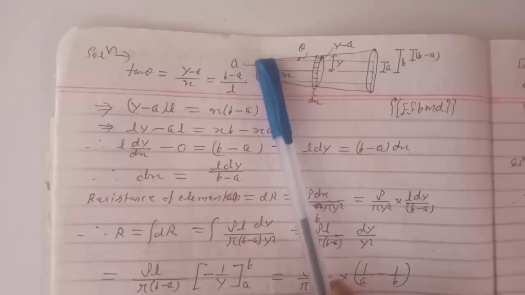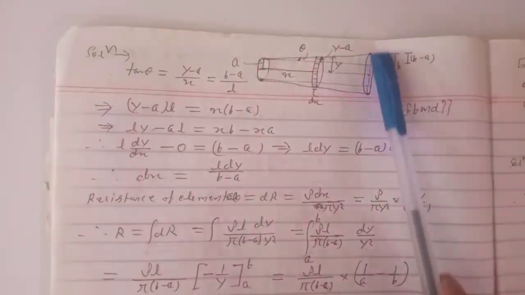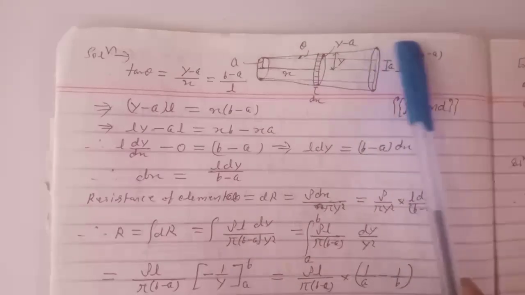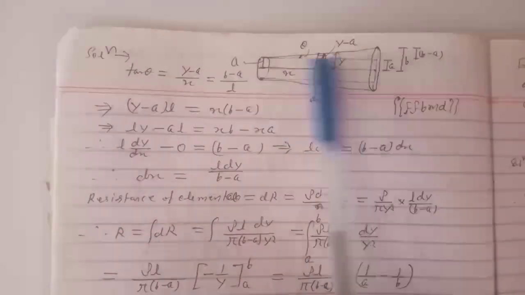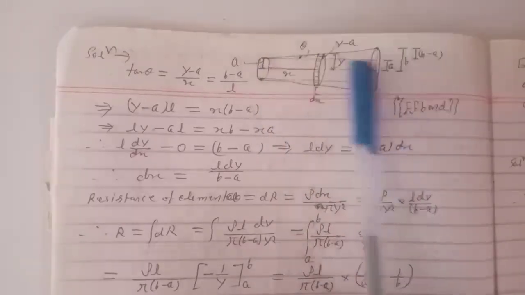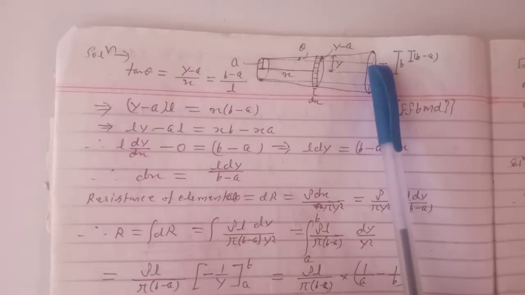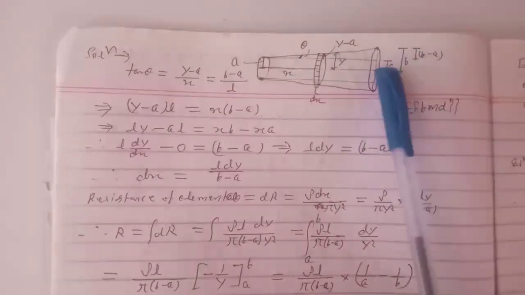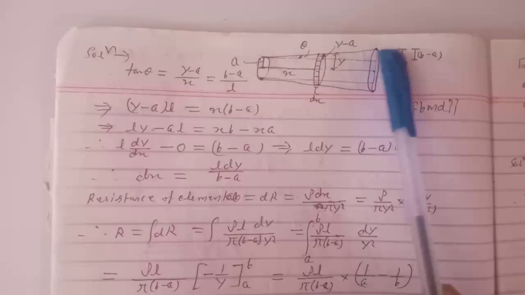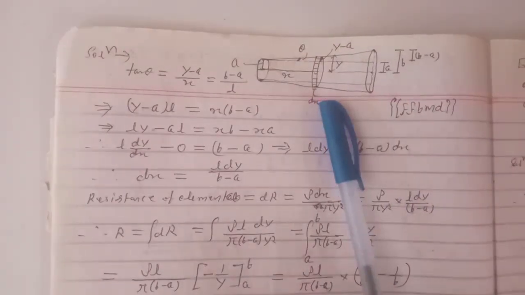This radius is a and this radius is b. So we draw a line parallel to this axis. So this distance will be a, and this distance will be b minus a.